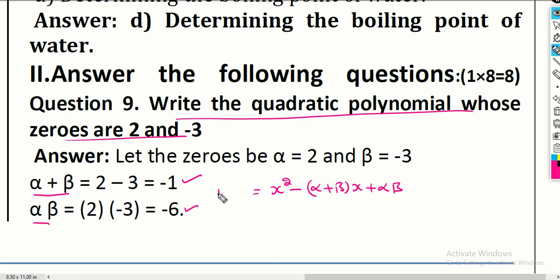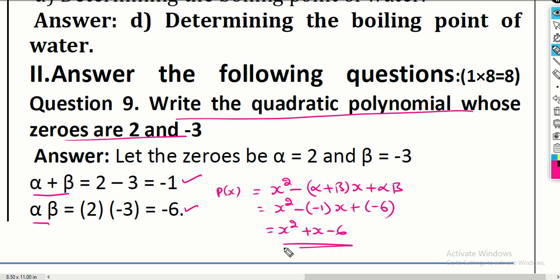So that is x square minus of minus 1 into x plus minus 6, which is x square plus x minus 6. This is the quadratic equation. Here you get the answer.